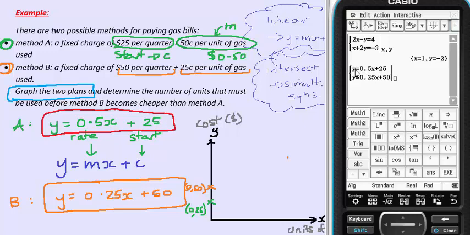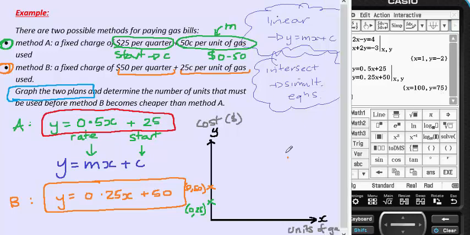I'm going to solve them for x and y and press go, and I find out that x is 100 and y is 75. So both lines are going to pass through this point of 100, 75.